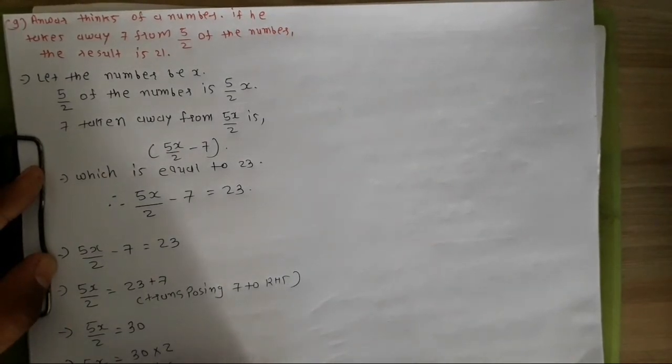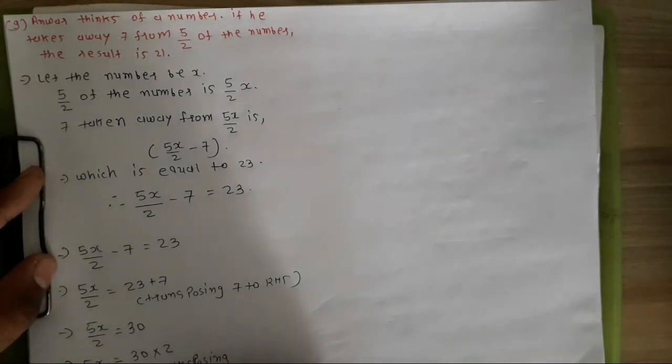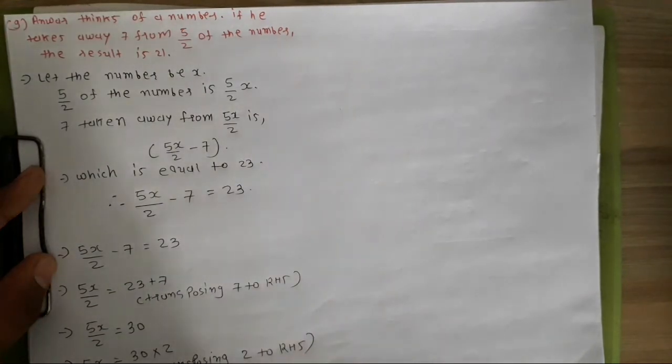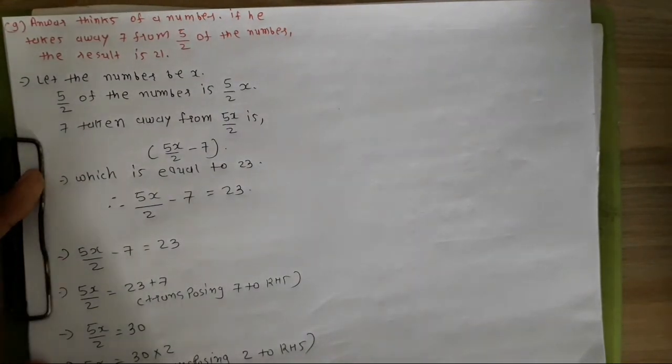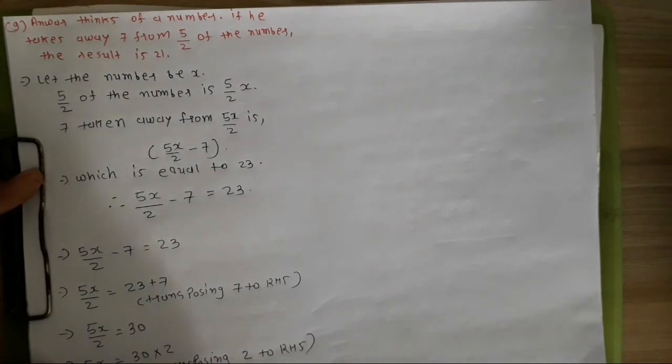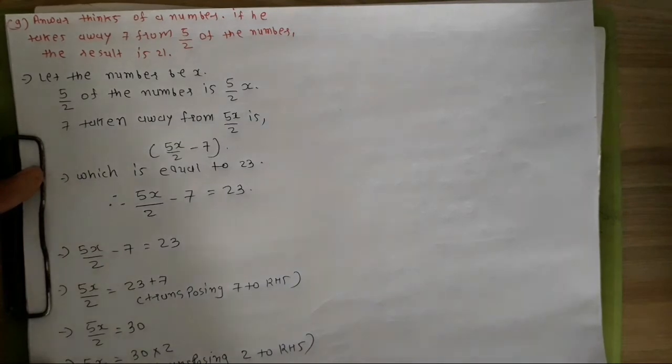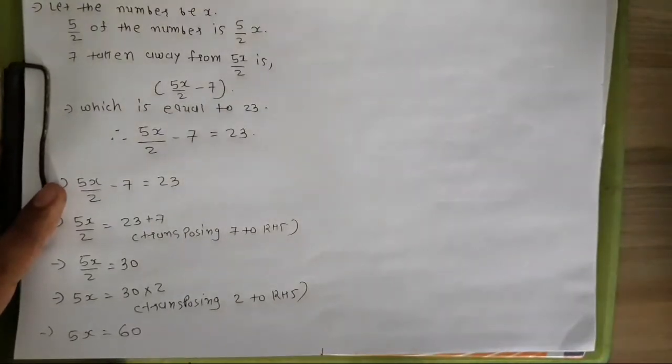Here I can write transposing 2 to RHS. Now when I change the side, division will become multiplication. So 5x is equal to 28 into 2, 56. Now this is the value of 5x. Now I have to find the value of x.